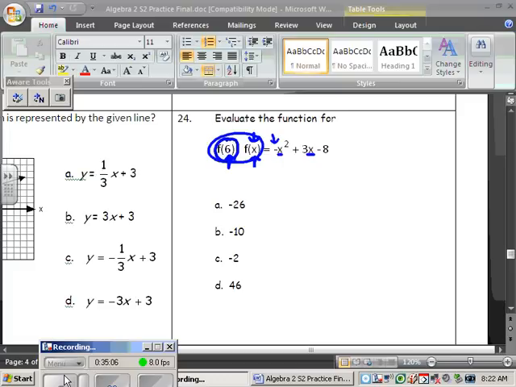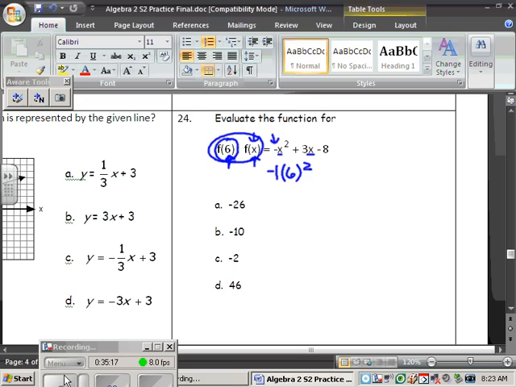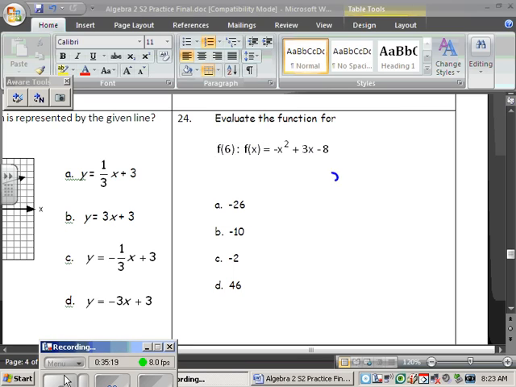But you only square what you plug in. So what I do is I immediately change that negative to a 1, so it's its own number, and then I replace the x only with what you're plugging in for x. Then also in the middle, that x is replaced with 6. And then just like one of the problems we did earlier in this particular review, follow the order of operations. So do not multiply the -1 and 6 first. Square the 6 first and drop down the -1.